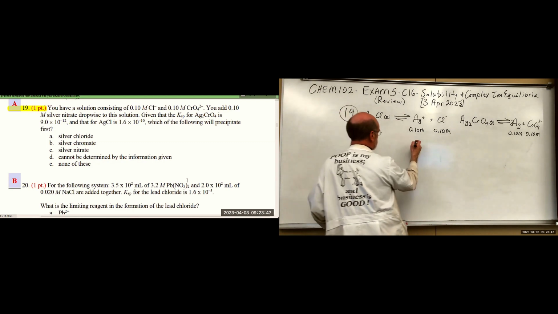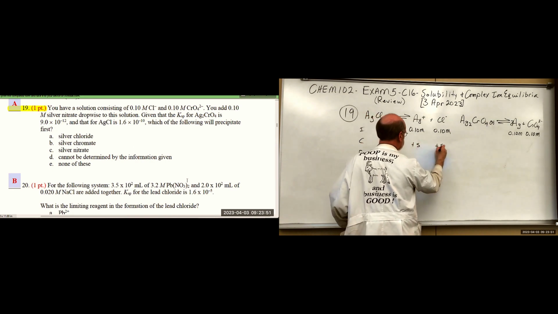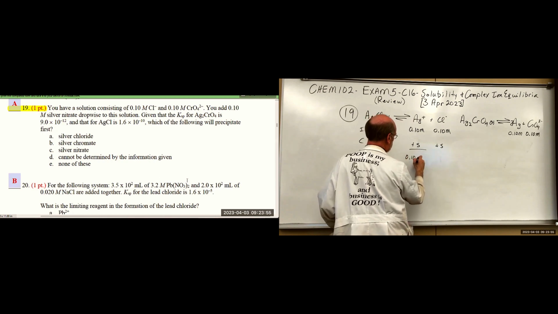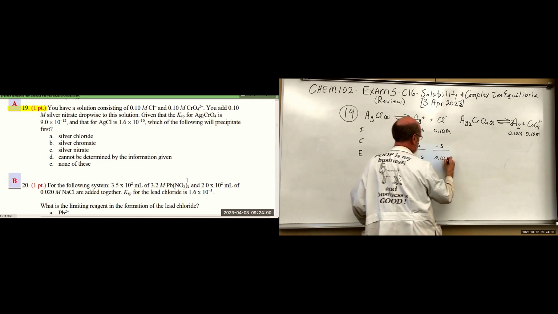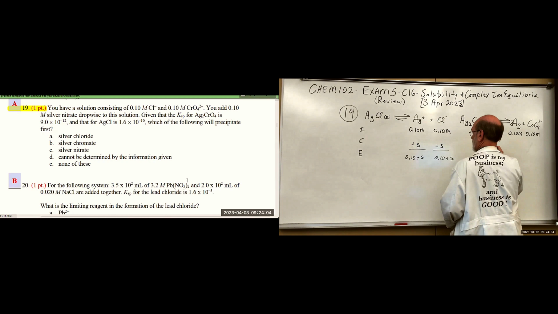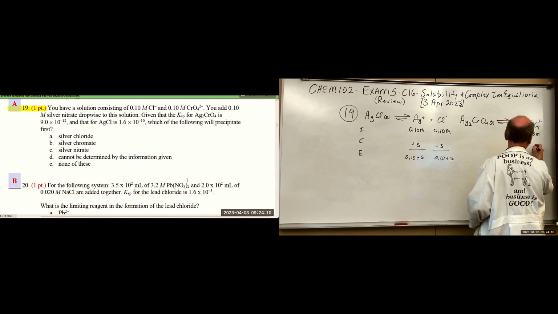If we're going to have S, we're going to have plus S here and plus S here. We're going to have 0.1 molar plus S and 0.1 molar plus S here. And on this side, the change is going to be plus 2S, and this one is plus S.